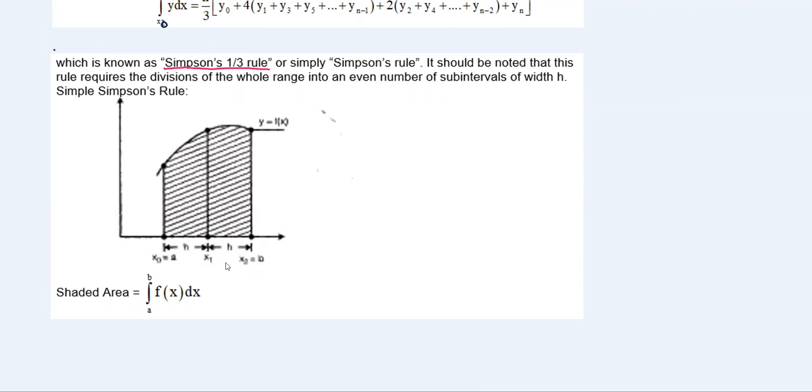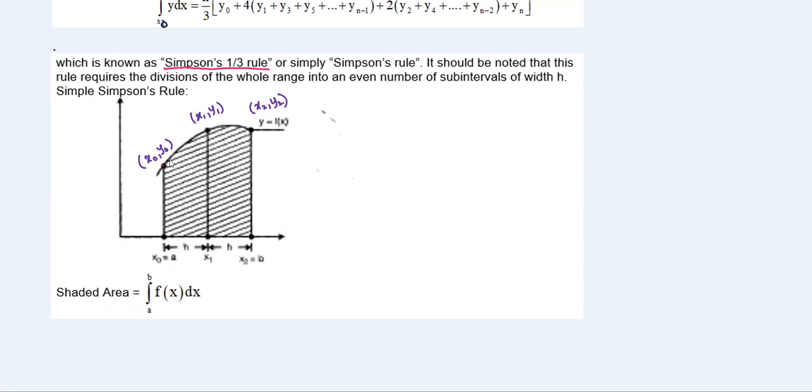Now here x0, x1, x2, we have simplified. This is x0, y0, this is x1, y1, and this is x2, y2. These three points we are joining by a quadratic curve.